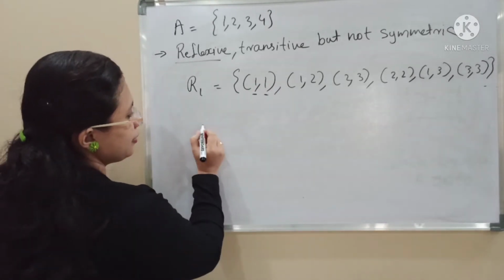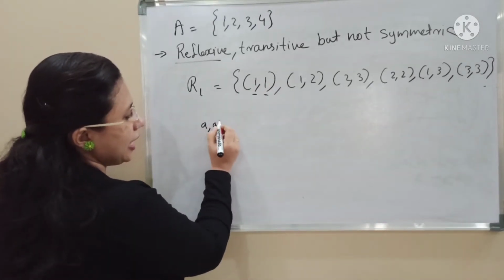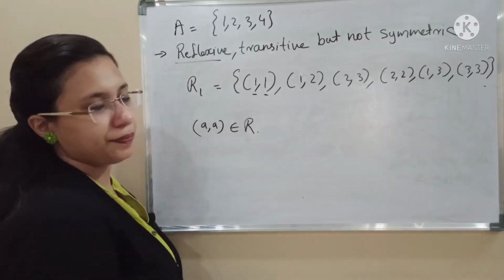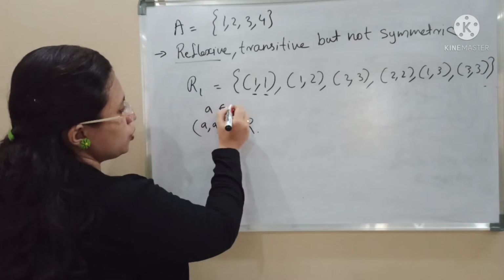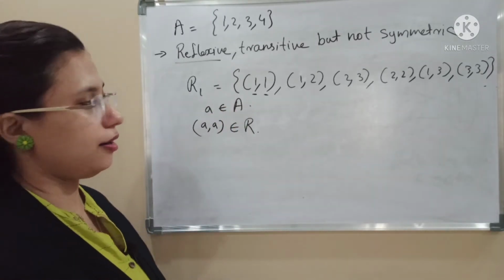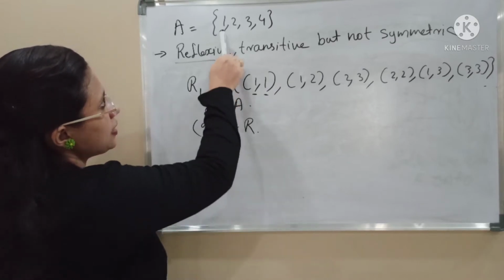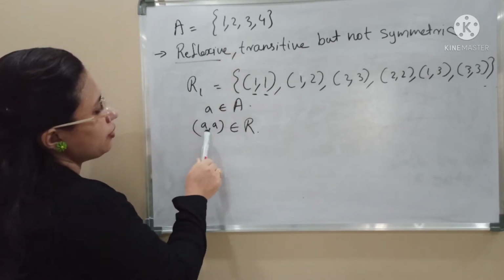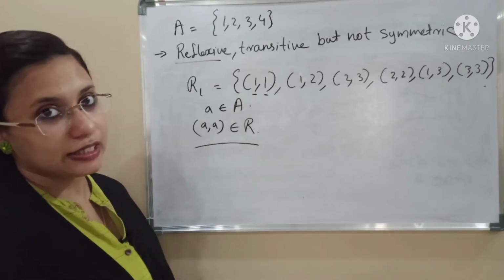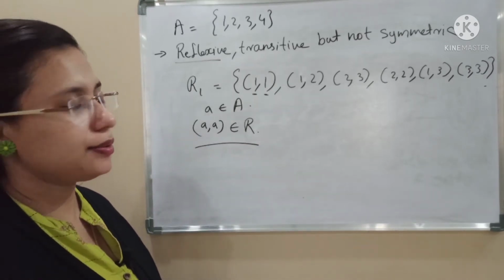Like if A belongs to A, then (A,A) will be there in R. So A is 1, so (1,1) should be there in R, then it will be a reflexive relation, right?